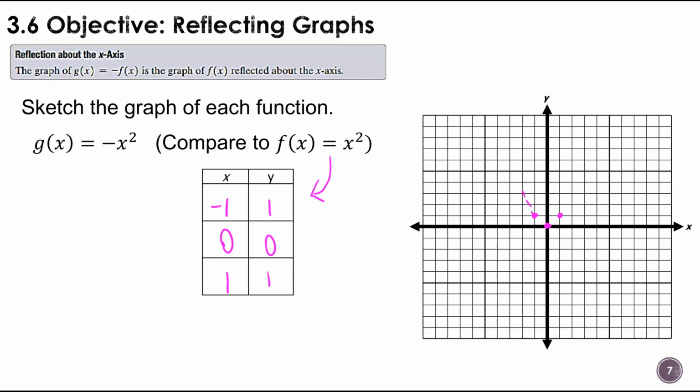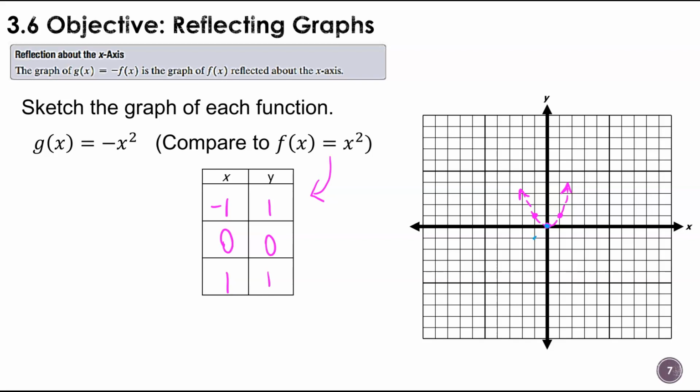Okay, so let me do the dotted. Try to get that curve in there. A reflection simply means that we are going to mirror this graph across the x-axis. We're going to have a vertex here.